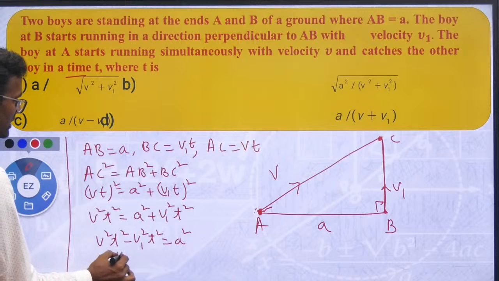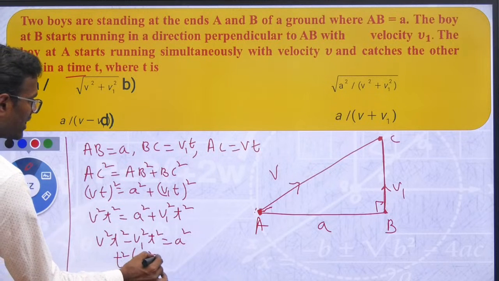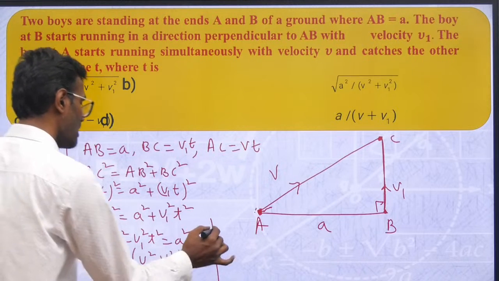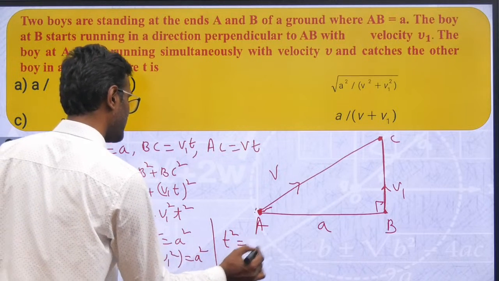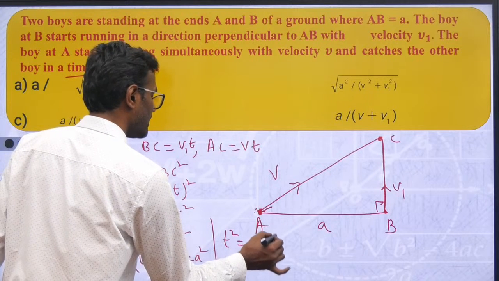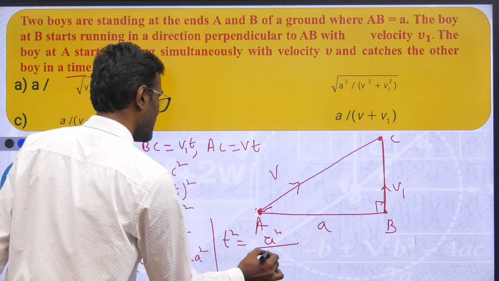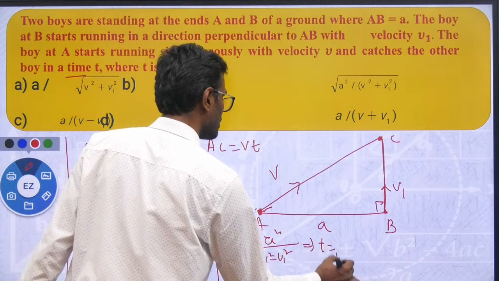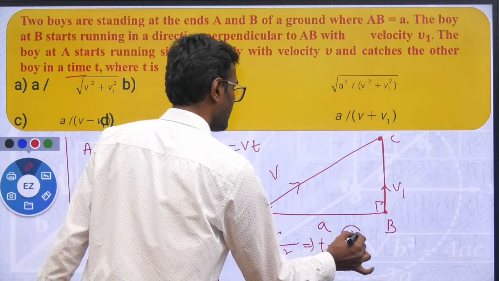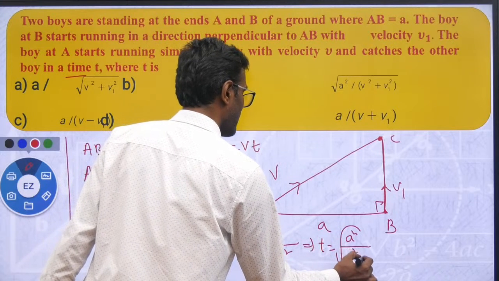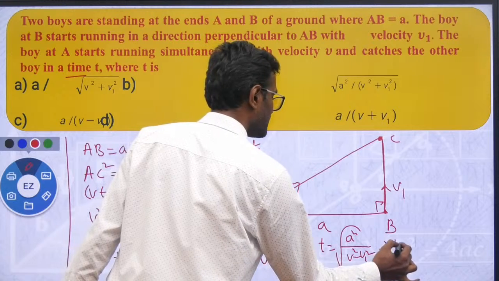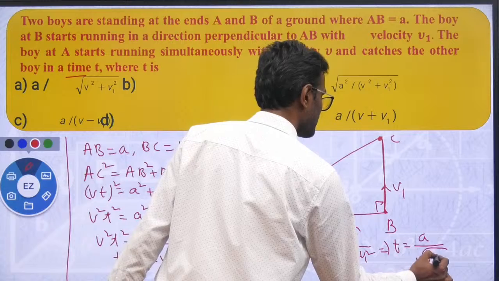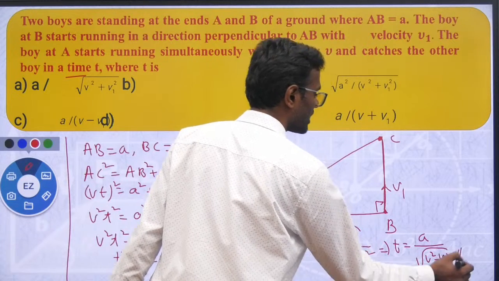So t square taken common, t square times v square minus v1 square is equal to a square. Making t square the subject, t square is equal to a square by v square minus v1 square, which implies t is equal to root over a square by v square minus v1 square. That means t is equal to a by root v square minus v1 square. This is your answer.